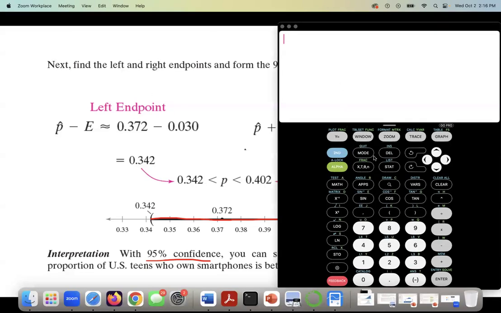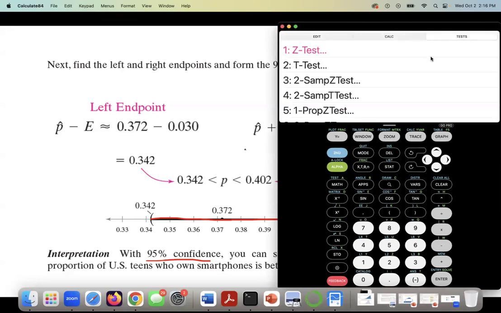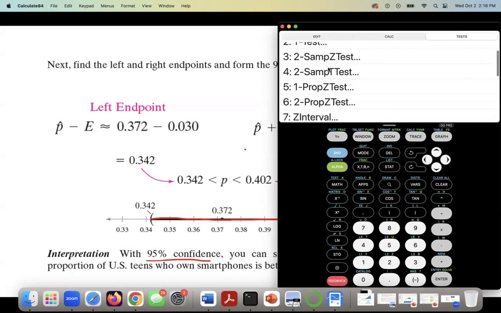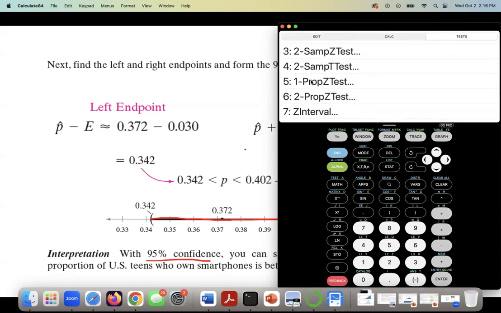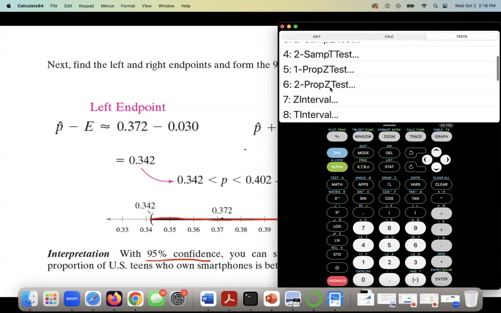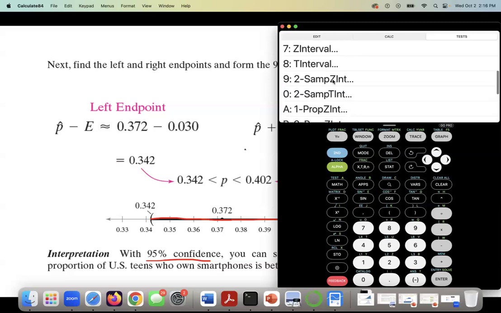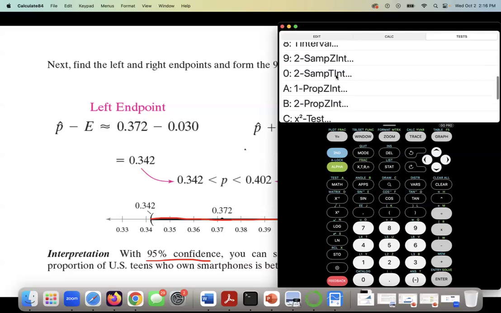Here, I'm going to go to STAT. So this is the function that I'm clicking. I'm going to STAT, and then I'm clicking on TESTS. You have different tests here: Z-Test, T-Test, 2-SampZTest, 2-SampTTest, 1-PropZTest, 2-PropZTest, ZInterval, TInterval, 2-SampZInt, 2-SampTInt.